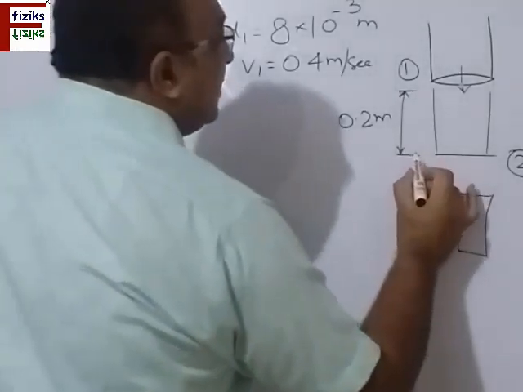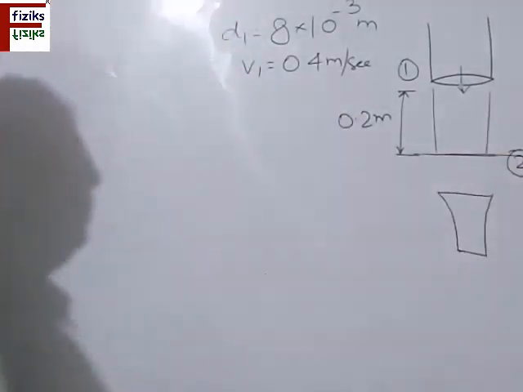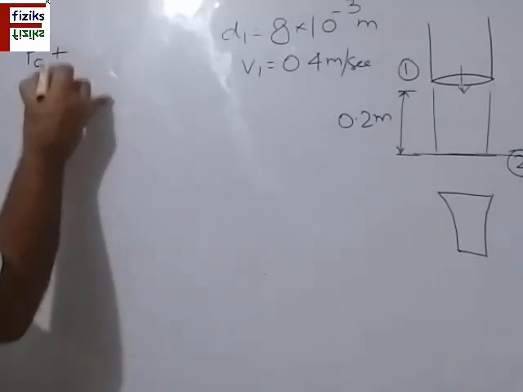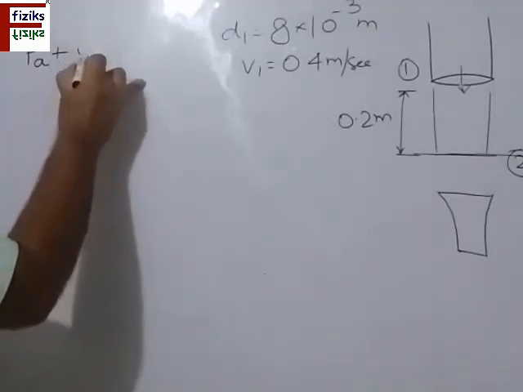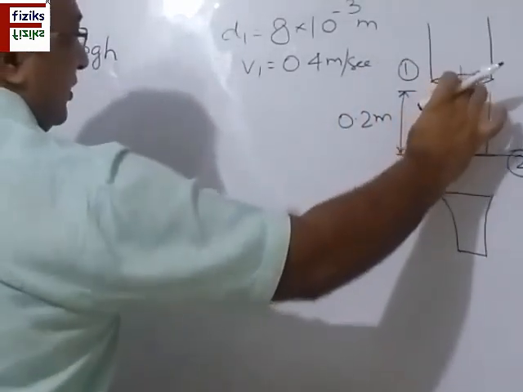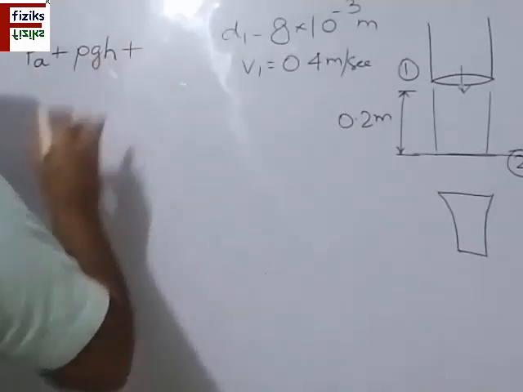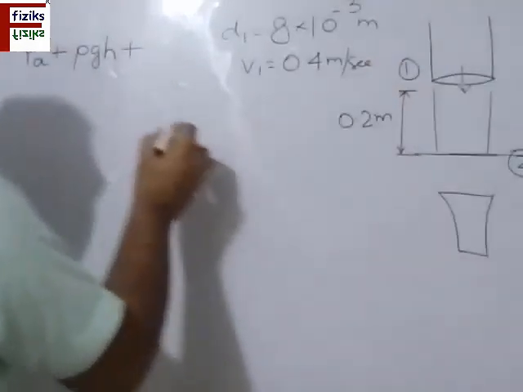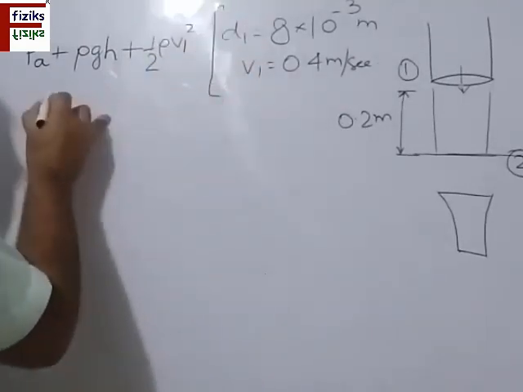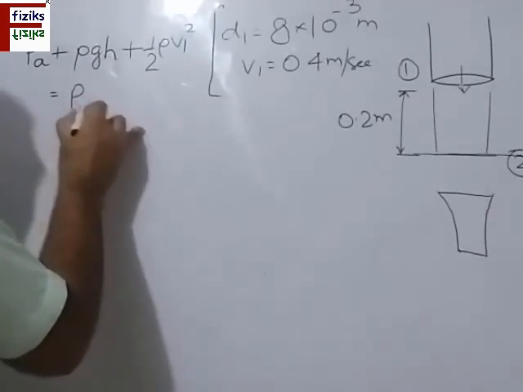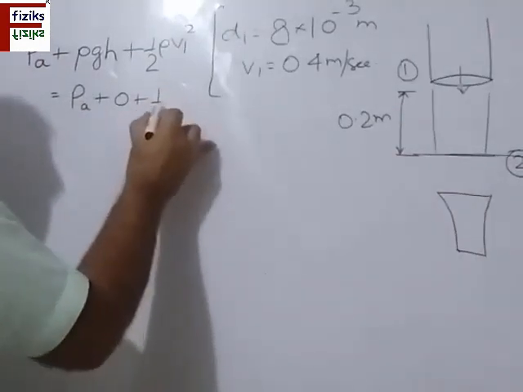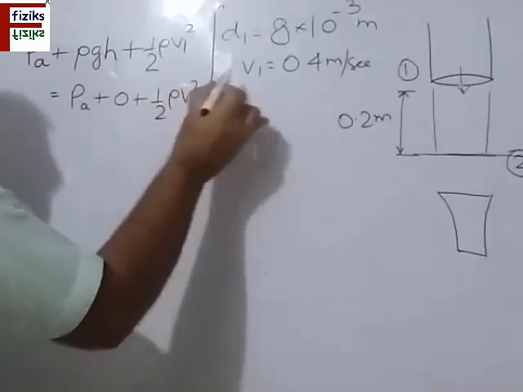If I take the surface passing through point 2 as the datum, the equation is: P atmospheric at section 1, plus rho g h, where h is the height of section 1 from the datum, plus its kinetic energy, half rho V1 square, equal to pressure at 2, which is atmospheric, potential energy 0 as we are measuring from this, and kinetic energy half rho V2 square.